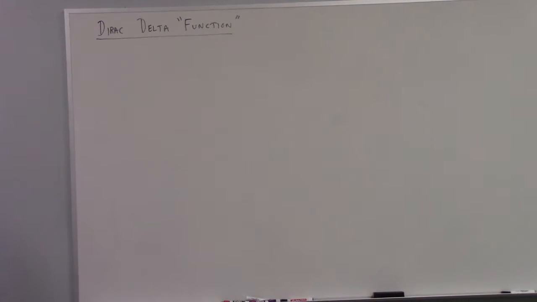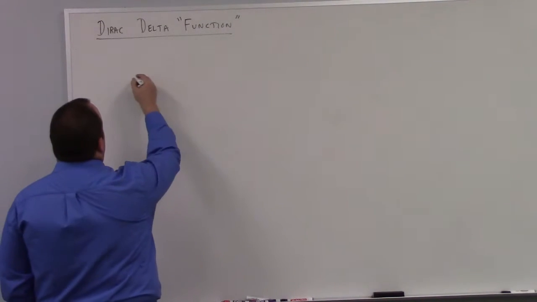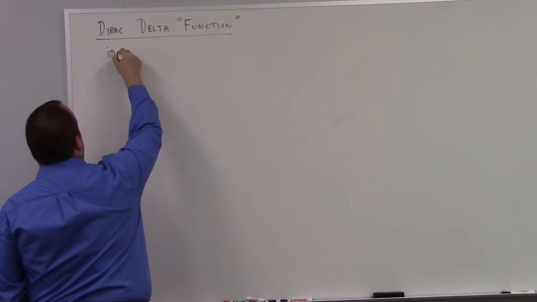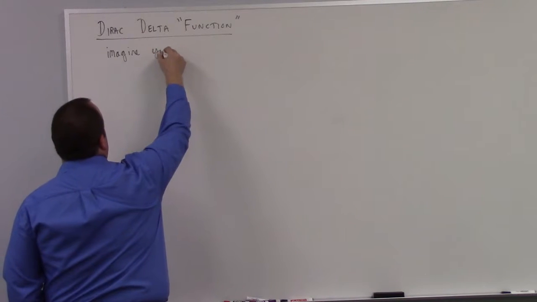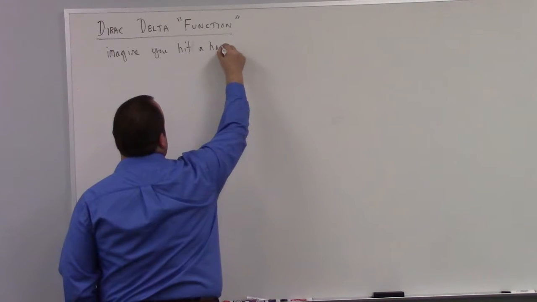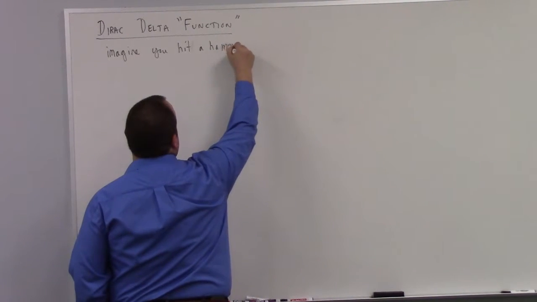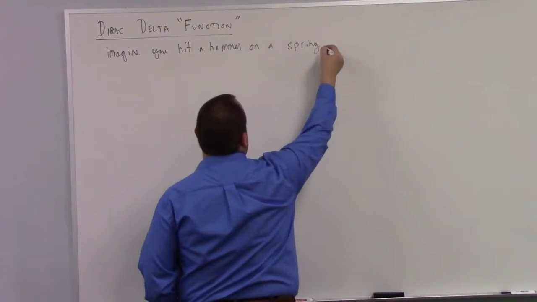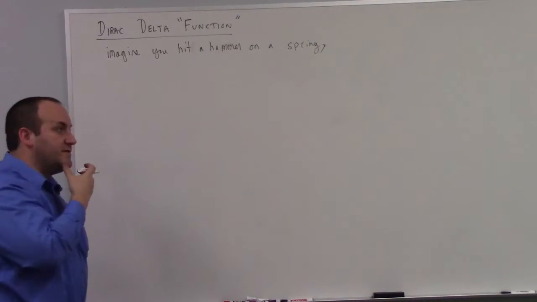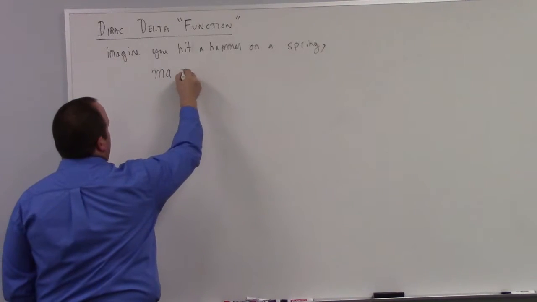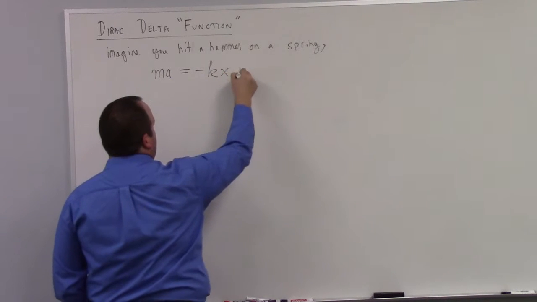So basically the idea of this thing is, well, I don't know how to best introduce it, but imagine you hit a hammer on a spring, you know? So this is a spring without friction. What we have is mass times acceleration is equal to minus kx plus the force of the hammer, right?